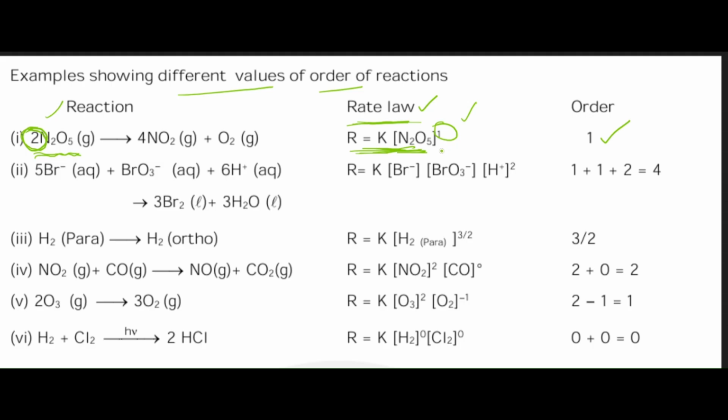Clear? So therefore in this rate law the sum of the powers, that will be 1, the order of the reaction for this will be 1. So if you see theoretically, you will get the order of the reaction by using this stoichiometric coefficient. You can assume 2 theoretically, but the experimental order will be 1. So this kind of order of reactions are called pseudo order reactions.